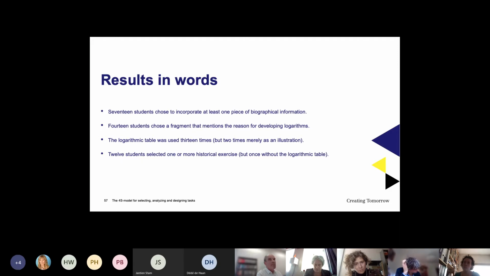And 12 students, a little over half of the group, selected an exercise that we marked as historical, which required the logarithmic table. Interestingly, one student did not include the table itself, but did want their pupils to do this exercise. So these are some of the results in words.